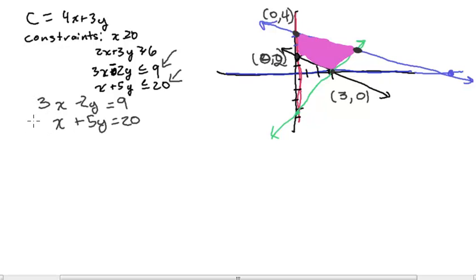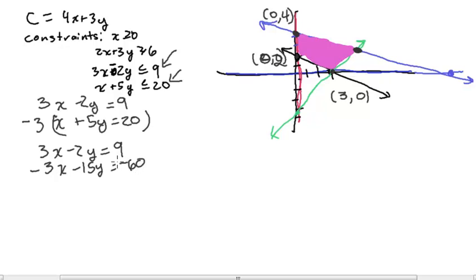One method is to multiply one equation by a number, so that when we add the two equations together, one of our variables will cancel out. If I multiply this bottom equation by negative 3, then a negative 3x plus a positive 3x would give me 0. So I'll rewrite the first equation, 3x minus 2y equals 9, and multiply the bottom equation through by negative 3: negative 3x minus 15y equals negative 60.